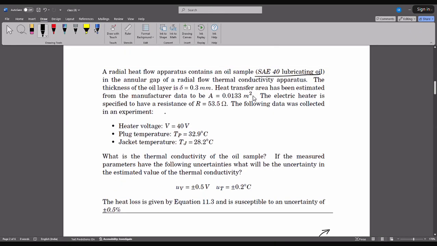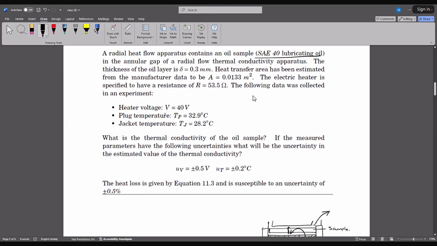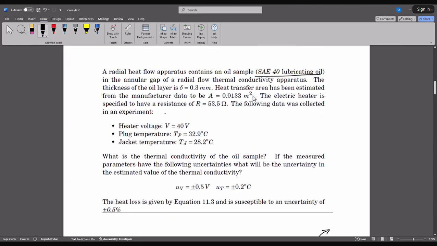Here also, like the previous case, the heat transfer through the sample occurs only in one dimension, because the ends are insulated and the temperature of the plug and heater are the same, so the heat only leaves radially outward through the thickness of the sample. The annular space is filled with the sample, that is the oil, whose thermal conductivity you want to measure, and the thickness of that oil layer is given.